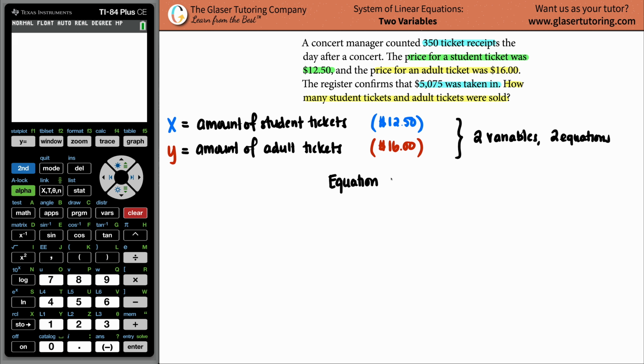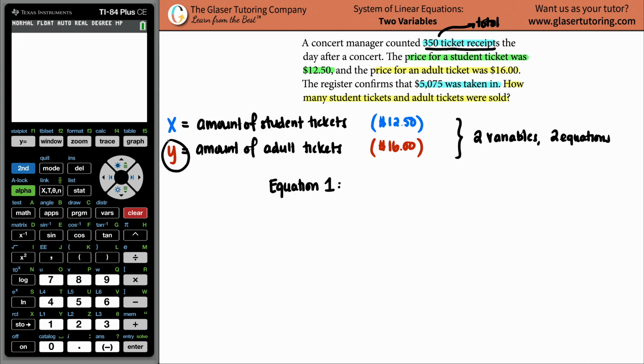Now, when you're grabbing your equations, always reread from the beginning. In this case, it said that the concert manager counted 350 ticket receipts. So the 350 was the total, right? The total of all the students and the adults. So we could maybe get a formula from this number. We know that the accumulation of all of the student tickets plus, literally plus, right?